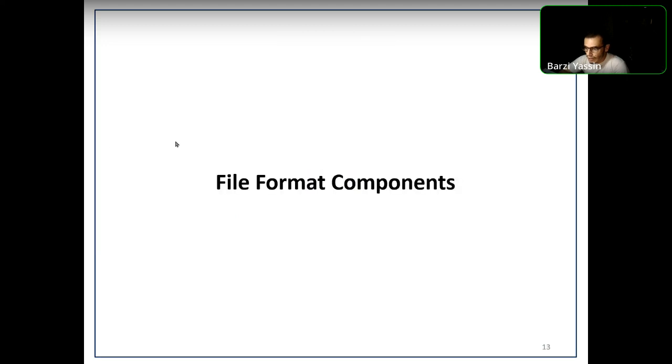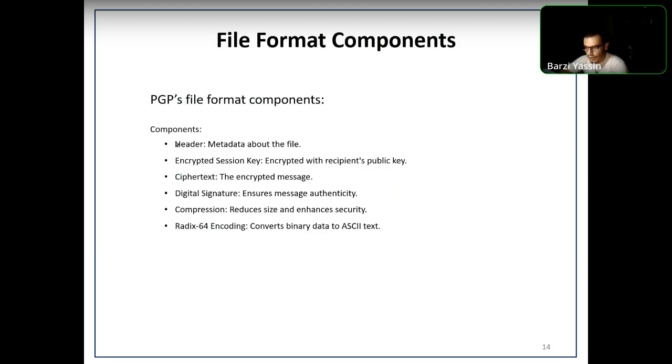Here we can talk about file format components, the components in the file of PGP's data. The first component is a header, which includes metadata about the file, and the second, the encrypted session key, encrypted with the recipient's key. Ciphertext, the encrypted message. These are also in the file format components.